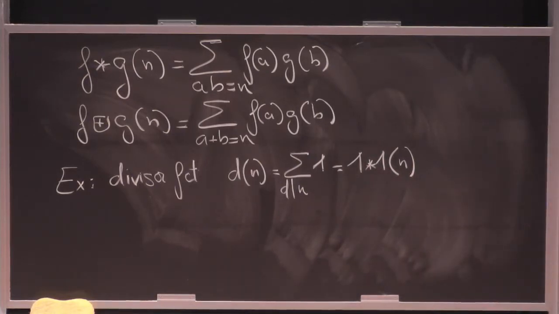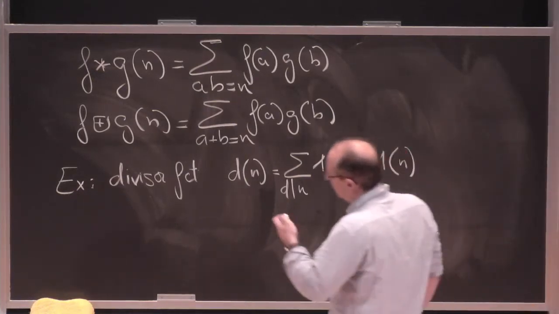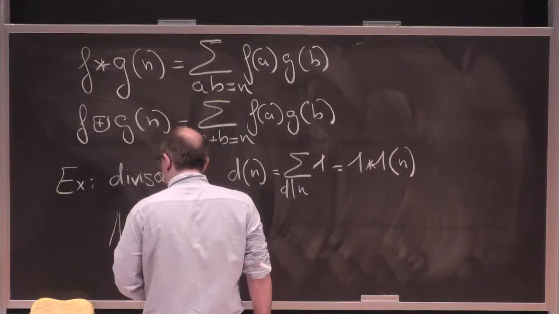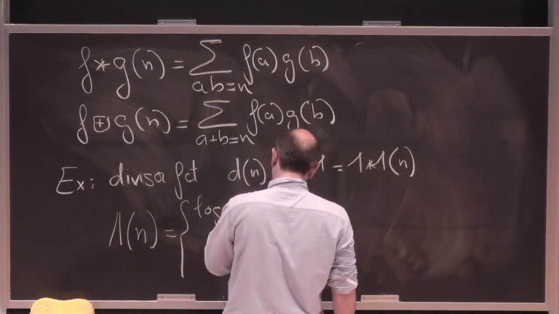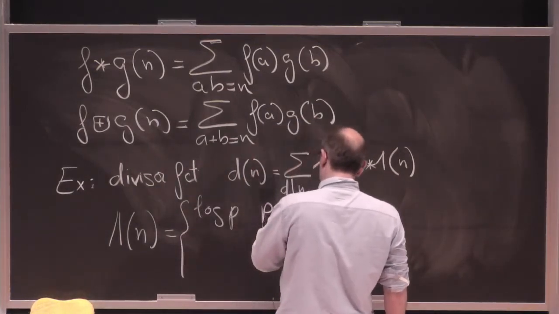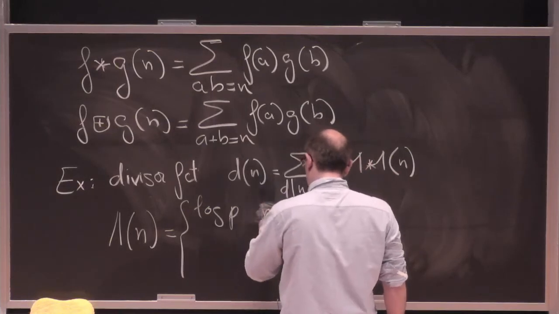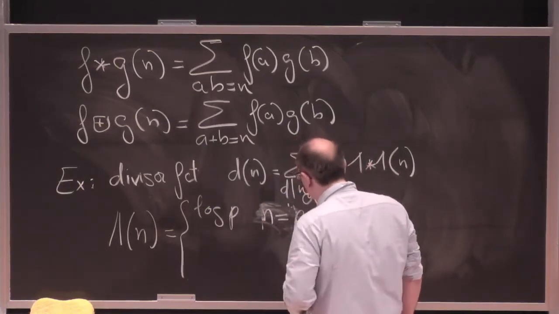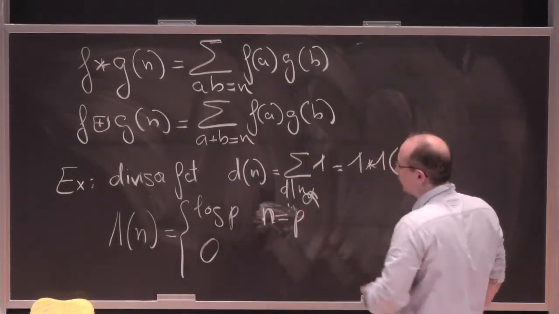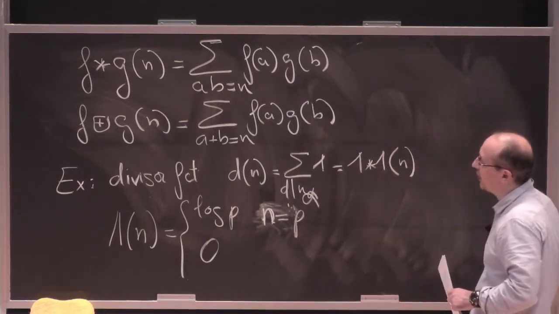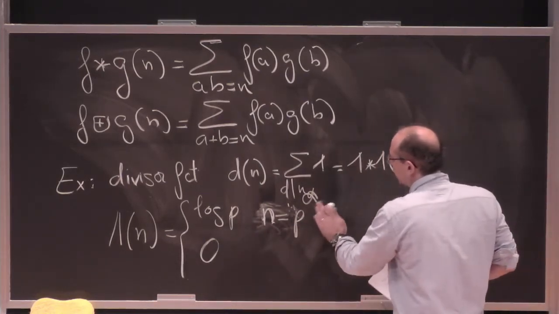Another important example is the von Mangoldt function, which is supported on prime powers, and which is a good function to use if you want to count prime numbers, because it's essentially supported on the primes.